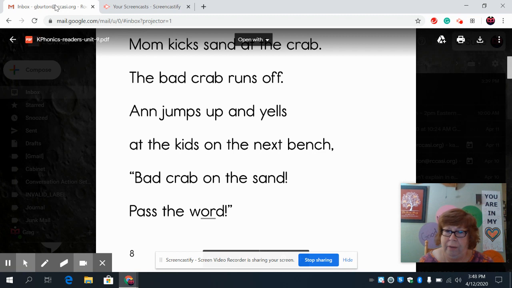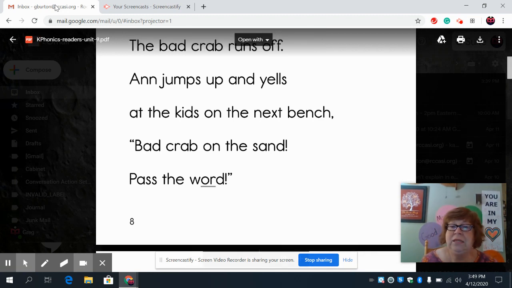Pass the word!" You will notice the last 2 sentences end in a punctuation mark that is called an exclamation point. Exclamation point will show excitement. You will also notice that in the last 2 sentences, we have quotation marks around the word bad and after the word word.